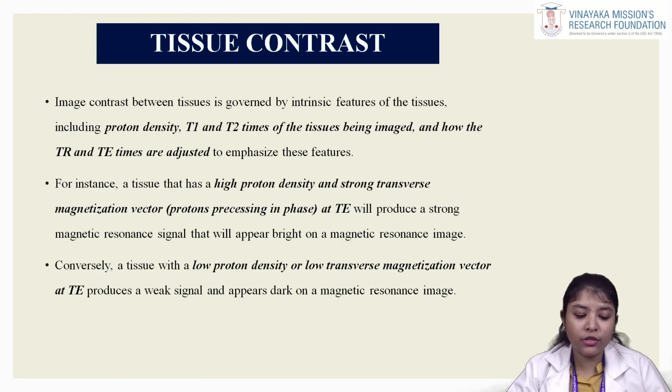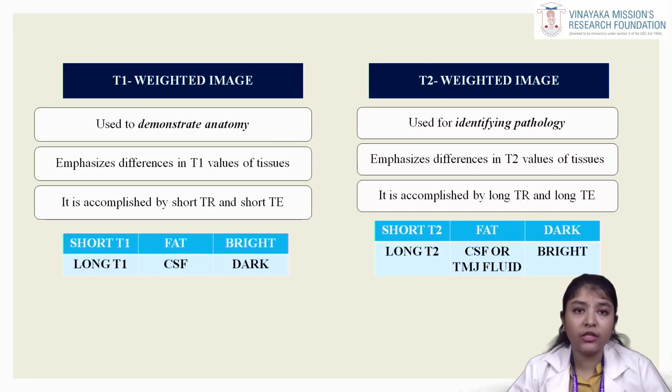Tissues with high proton density and strong transverse magnetization at TE will produce a bright appearance on magnetic resonance imaging because of the strong signals they produce, whereas low proton density or low transverse magnetization vector at TE produces weak signals and appears dark on the image. The T1 weighted image is mostly used to demonstrate anatomical structures and it is accomplished by short TR and short TE.